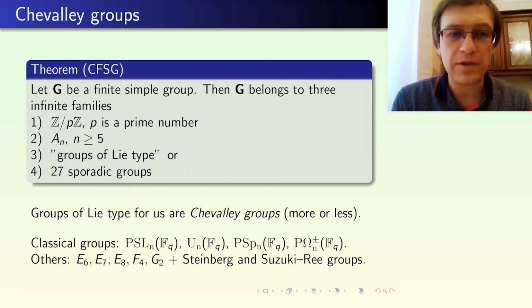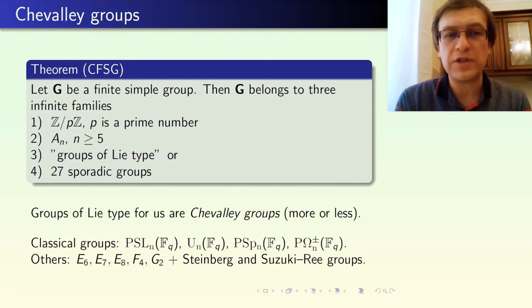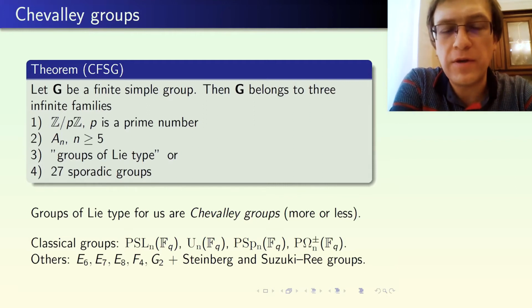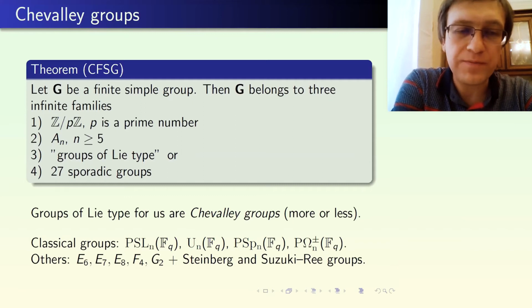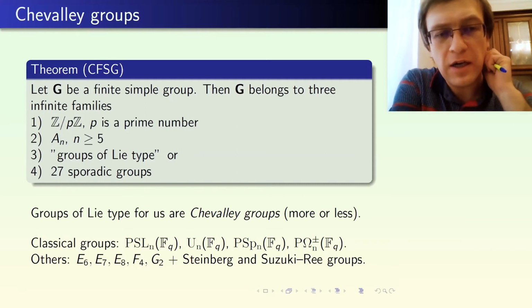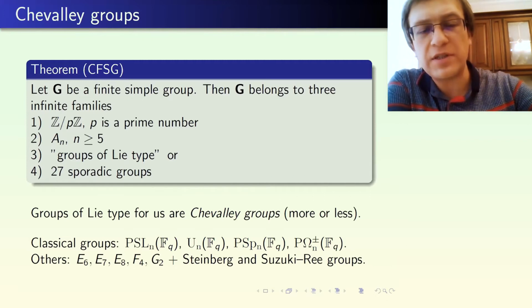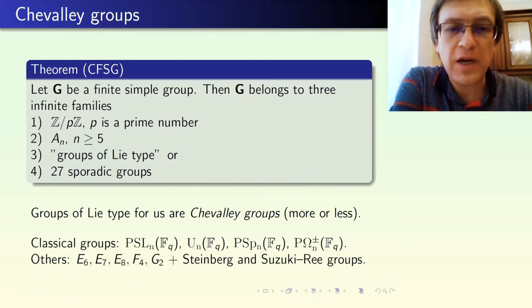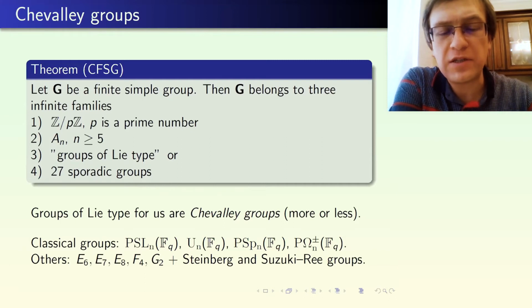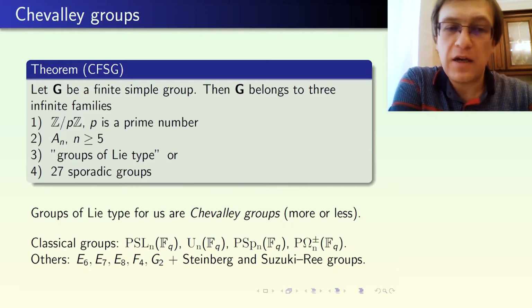There is a famous classification of finite simple groups theorem, which says that if G is a finite simple group, then G belongs to one of three infinite series or 27 finite sporadic groups. The infinite series are Z over pZ, where p is a prime number, the alternating groups for n greater than 5, and so-called groups of Lie type.